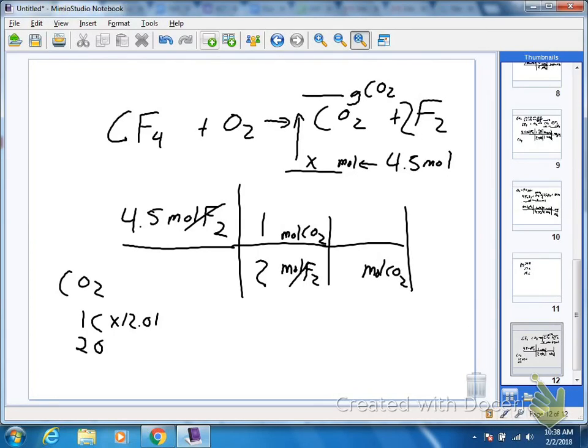I multiply those out to get the molar mass of how many grams are in a mole. So that's what goes up here: 1 mole to 44.01 grams. Okay, and then that would give my answer.